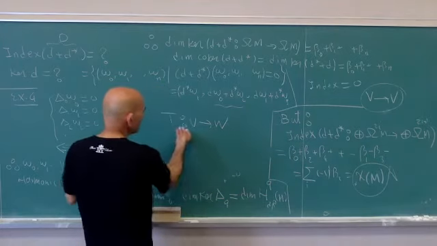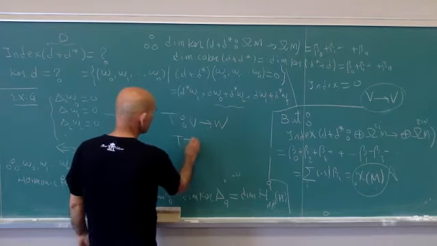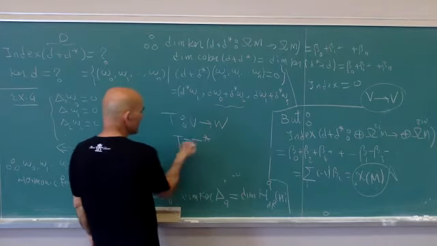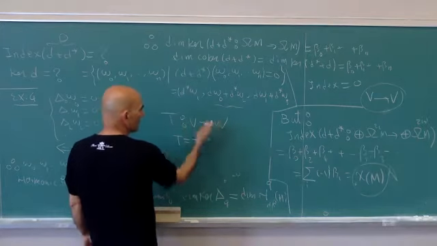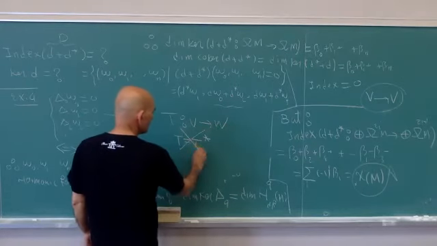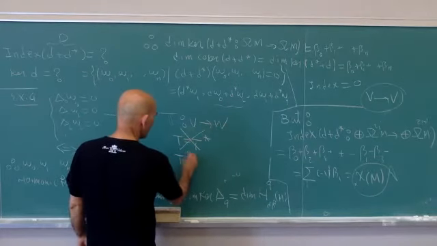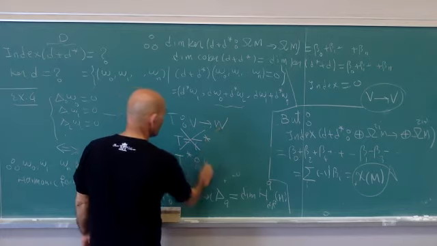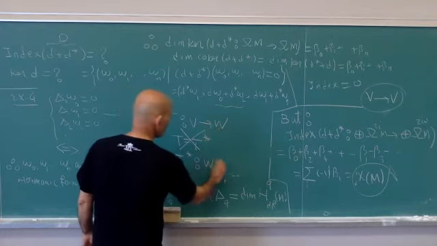Because what does self-adjoint mean? T equal to T star. This means that they should go from the same space to the same space. But remember, T star goes from W, if these are Hilbert spaces, to V.